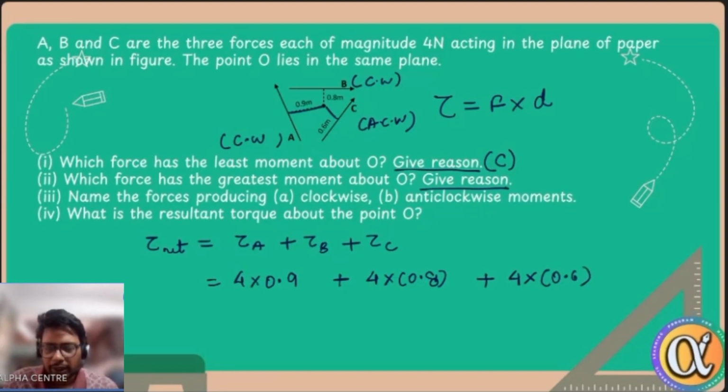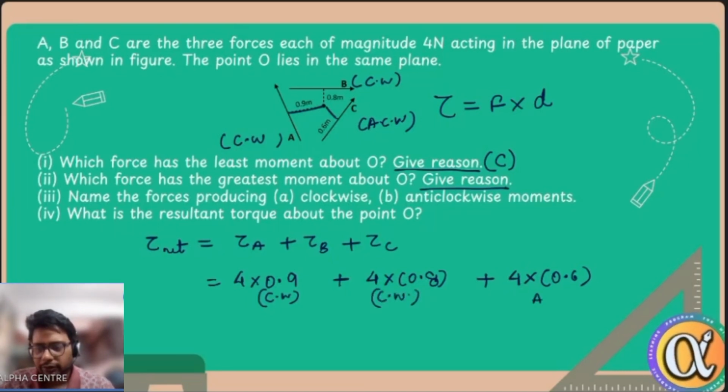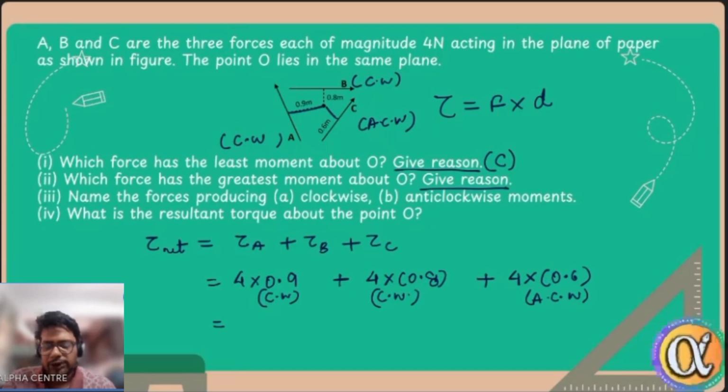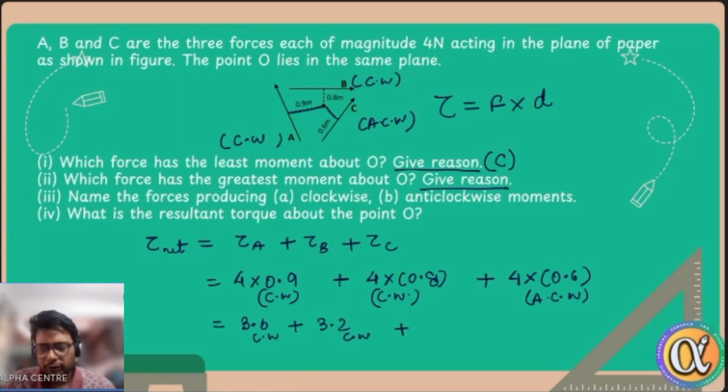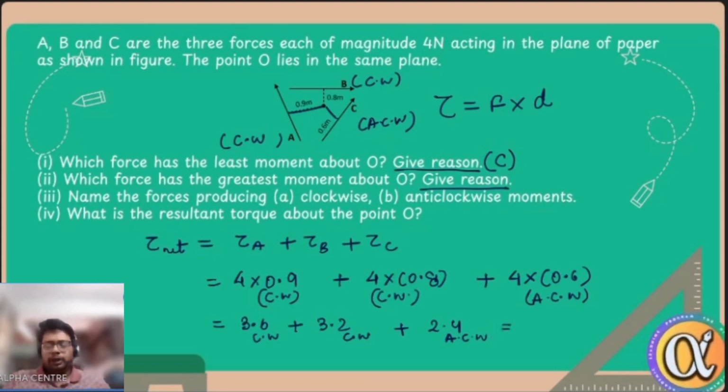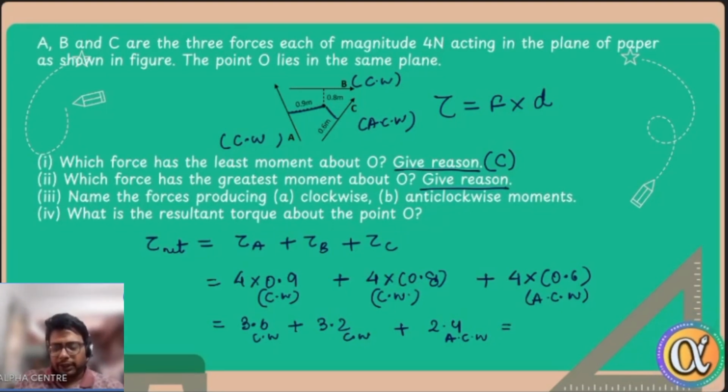Also, we must write clockwise, clockwise, and anti-clockwise so that we don't get confused. So this is 3.6 plus 3.2 plus 2.4. So the resultant is 3.6 plus 3.2, which is 6.8.